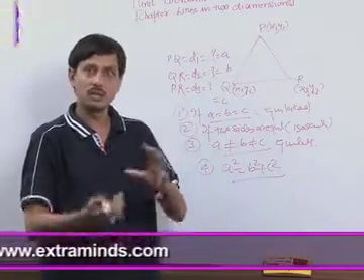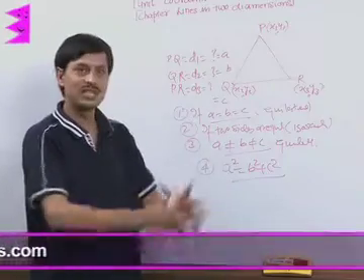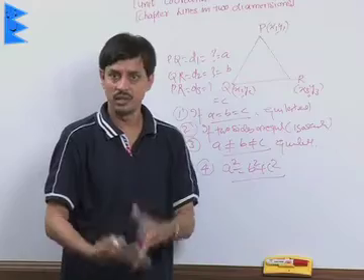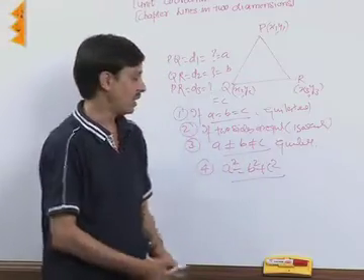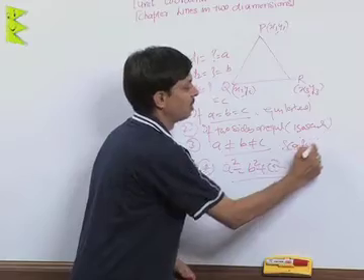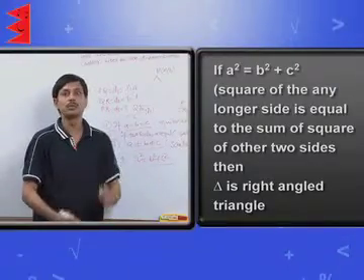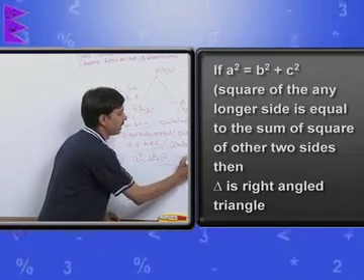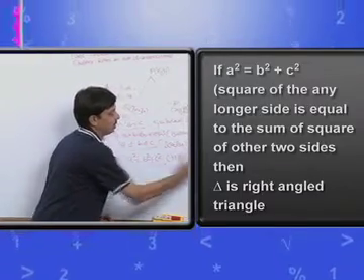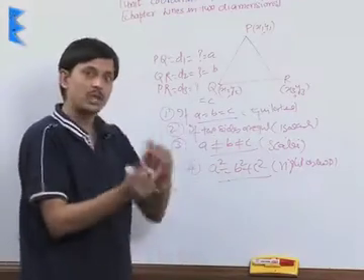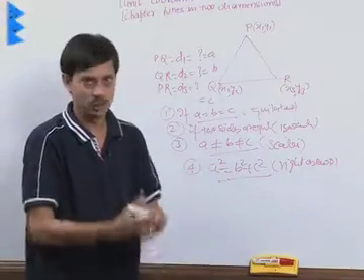If all lengths come equal, it is equilateral; if two lengths come equal, it is isosceles; if all three lengths come different, it is a scalene triangle. And third, if the square of the longest side comes equal to the sum of squares of the other two sides, it is a right-angled triangle. If using this formula we find the other two sides are equal, we say it is right isosceles also.